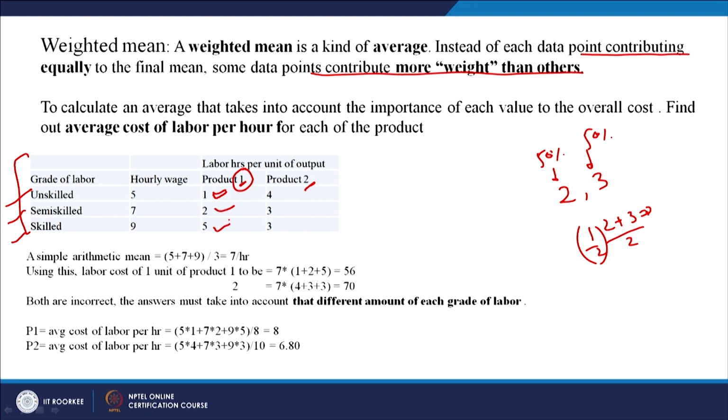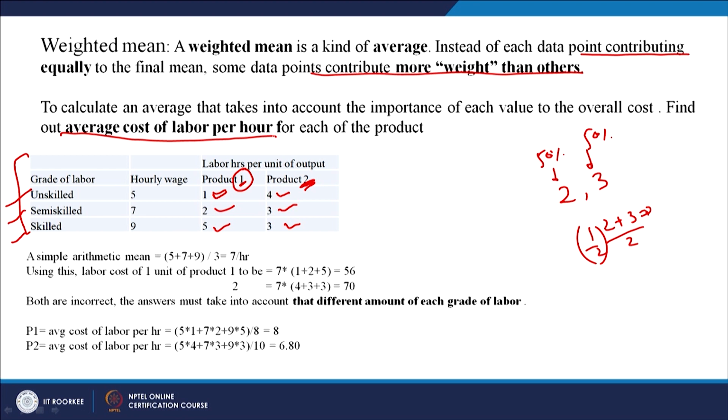Similarly, to make 1 unit of product 2, the labor hours requirement is 4 hours for unskilled, 3 for semi skilled and 3 for skilled. Now, the question is, we want to calculate the average cost of labor per hour for each of these 2 products, right. What was the question? The question is how to find the average cost of labor per hour.